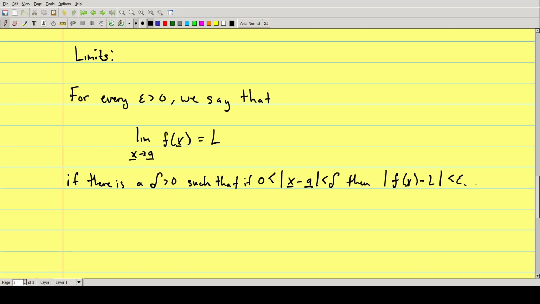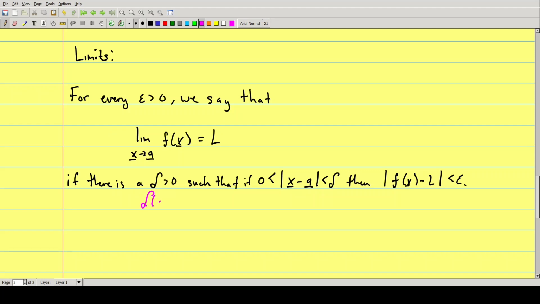Okay, so the way that this works is that we specify an error bound. We say that we have to be at least this close. Then this limit exists if there is a corresponding input precision to this epsilon.